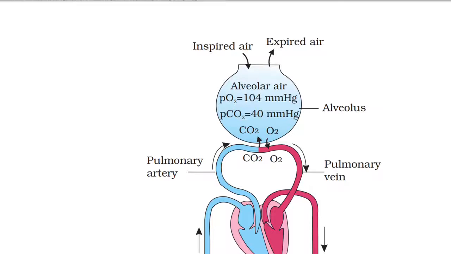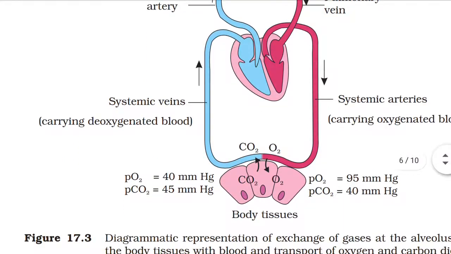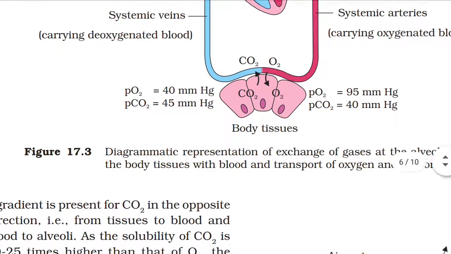The PCO2 is more in the pulmonary artery, so CO2 moves from this blood to the alveolus. Now the blood is passing; inside the blood it will be 95 and 40. The oxygen moves from 95 to 40 and the carbon dioxide moves from 45 to 40, from higher to lower values.